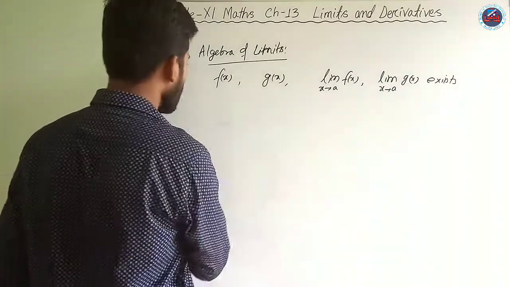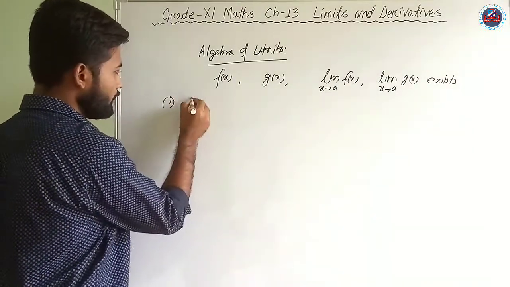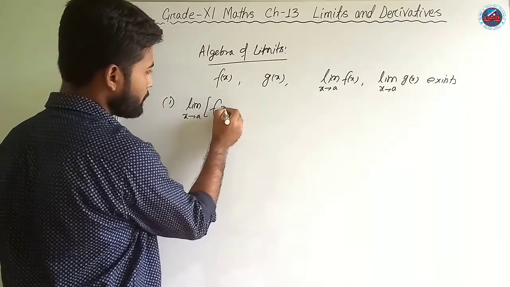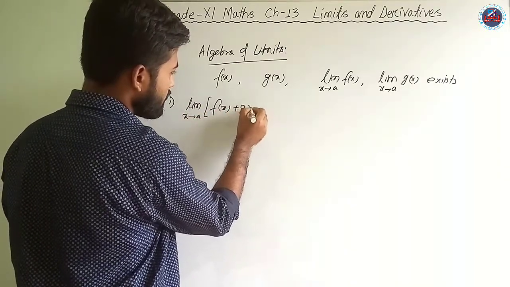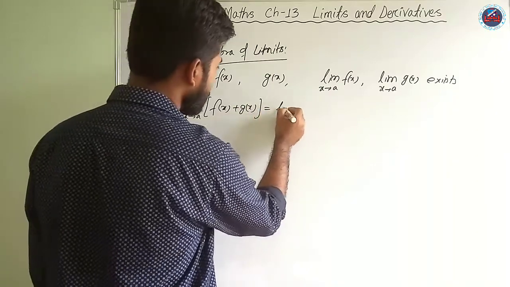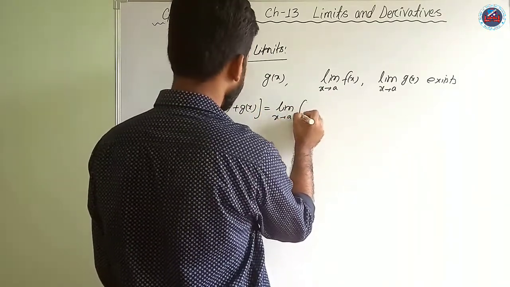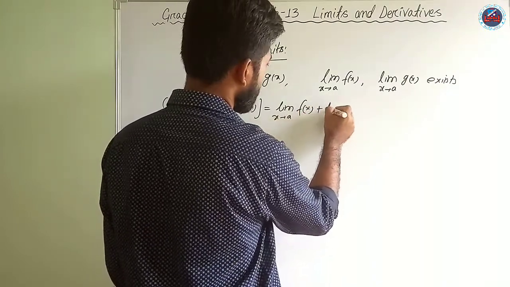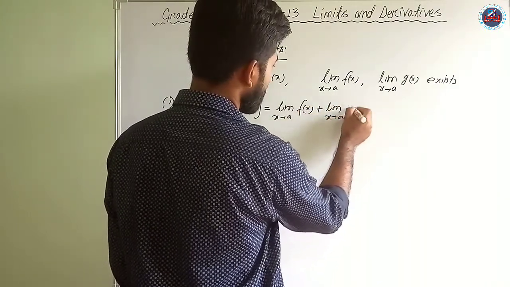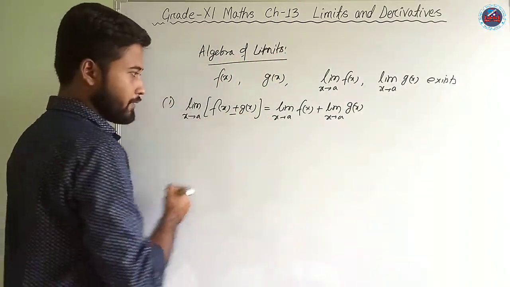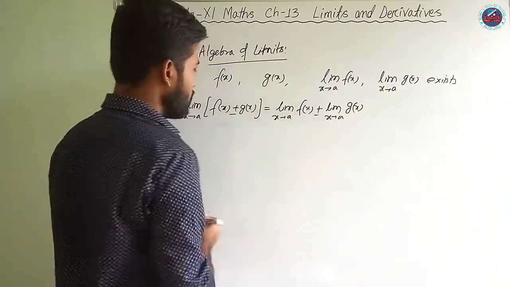So if they exist, number 1, the limit as x tends to a of f of x plus g of x will be equal to the limit as x tends to a of f of x plus the limit as x tends to a of g of x. Also this is true in case of subtraction.